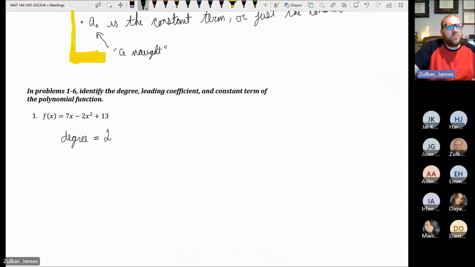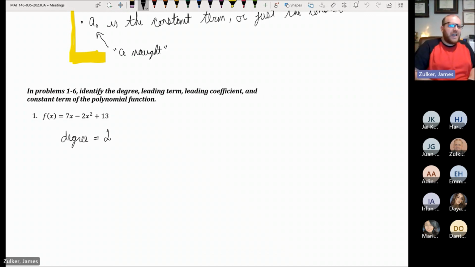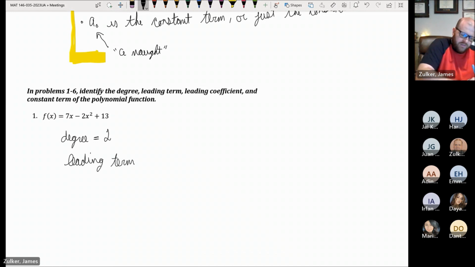I'm actually going to add in the instructions, also find the leading term. Yes, negative 2x squared would be the leading term.